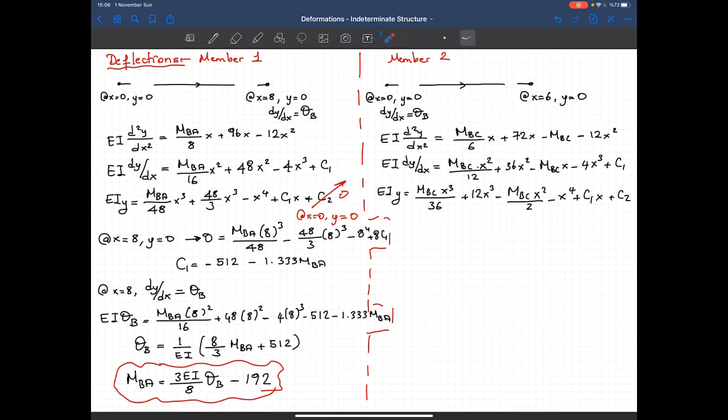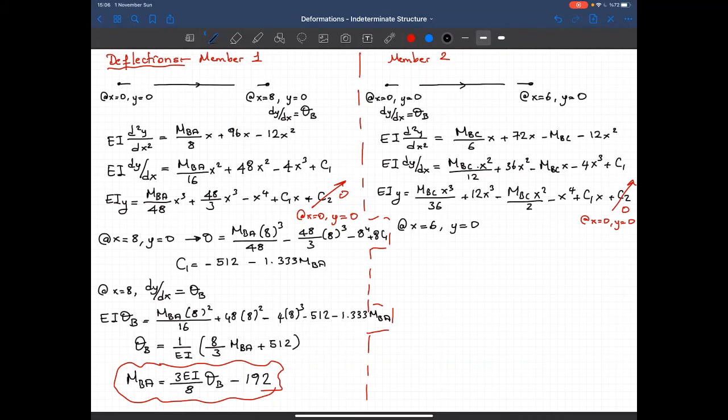Again, if I put this boundary condition into that equation, I will obtain C2 as equal to 0 to satisfy the following boundary condition. And let's put this equation into this one to obtain what C1 is. So at x is equal to 6, we got y is equal to 0.